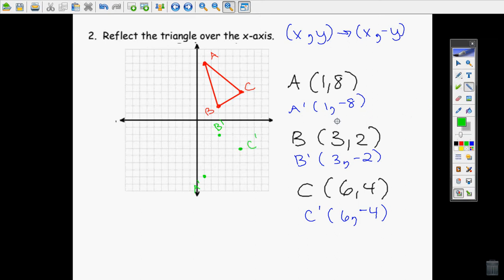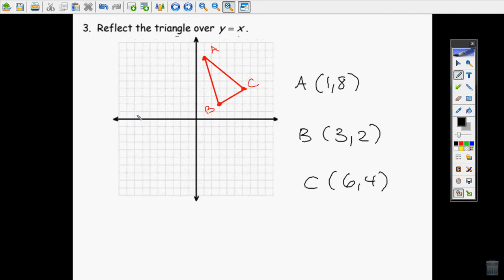All right, and so then again, got my points. And then again, just to double check, here is a reflection over the x-axis. Everything should be the same distance away. This is 2, this is 2, this is 4, this is 4, this is 8, and this is 8. So I've shown that everything is equal distance away from the line of reflection.